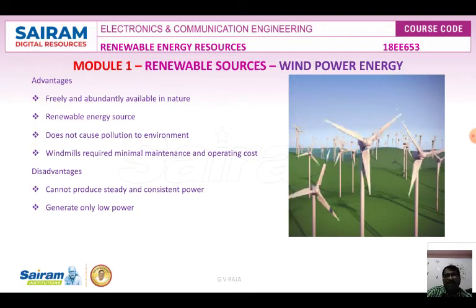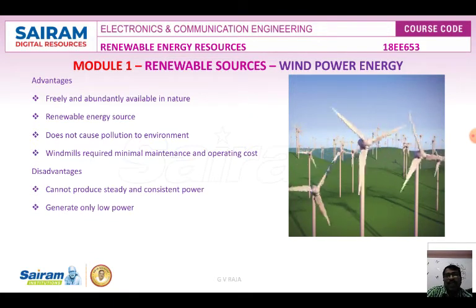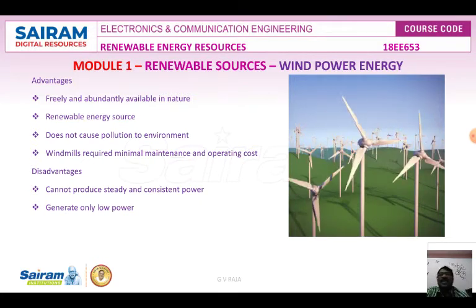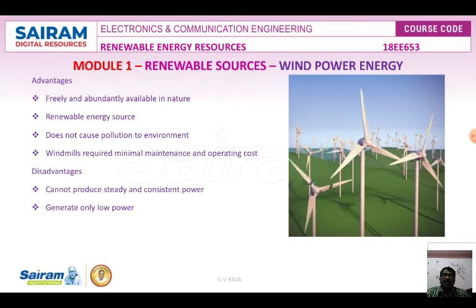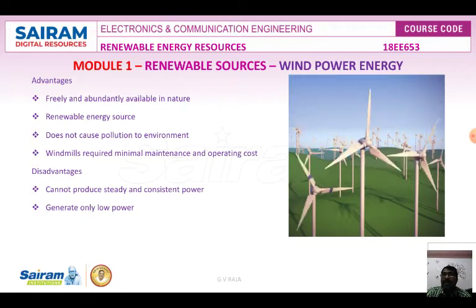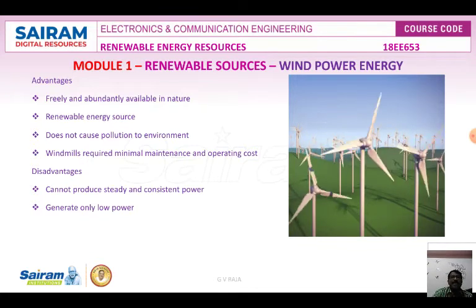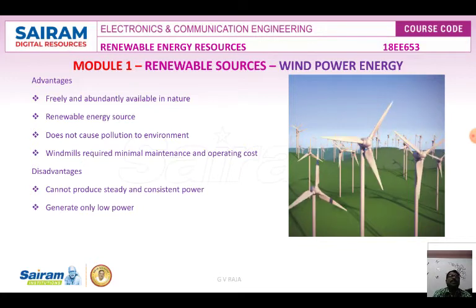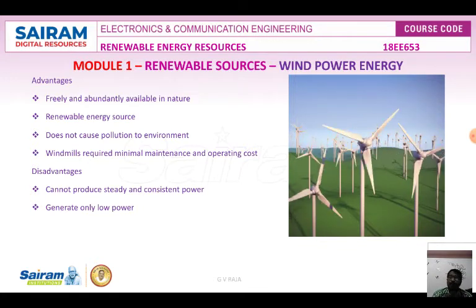But wind is different. Air is available 24/7, but we have to harness it properly. It does not cause any pollution to the environment, and a windmill requires very minimal maintenance and operating cost. It requires minimum space compared to solar.